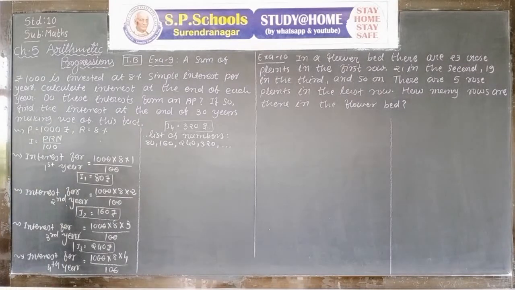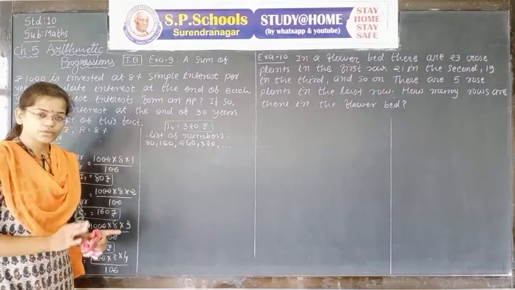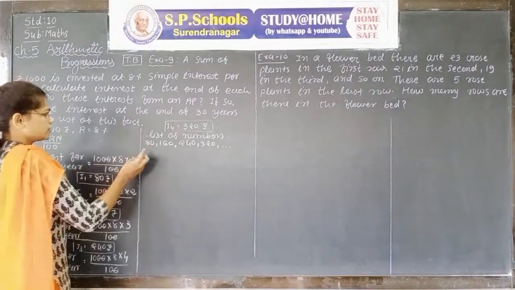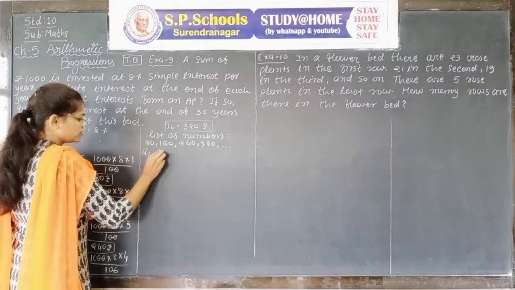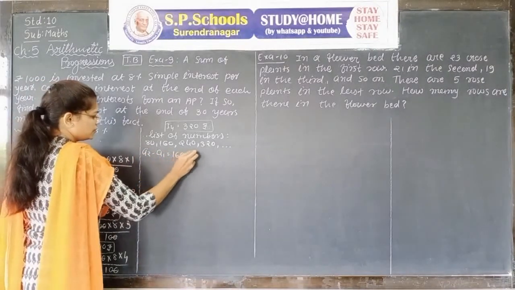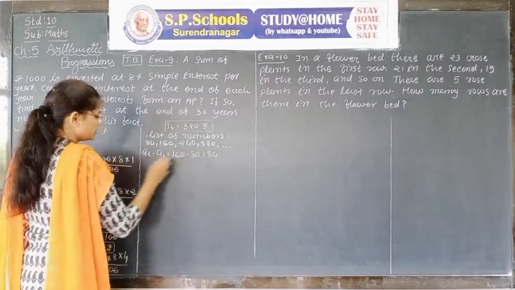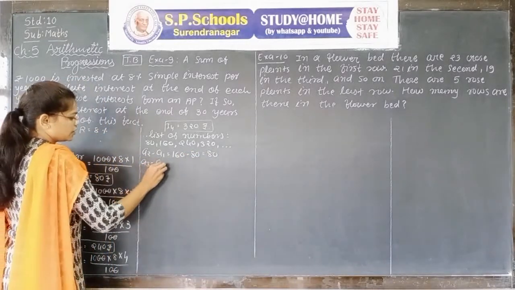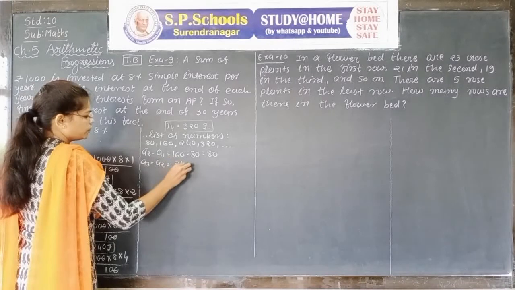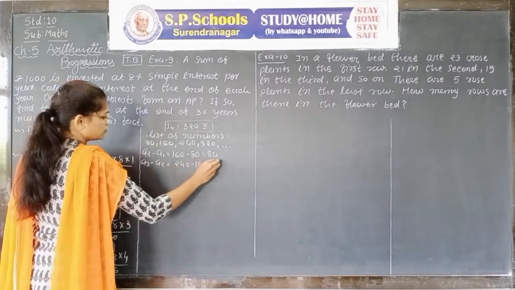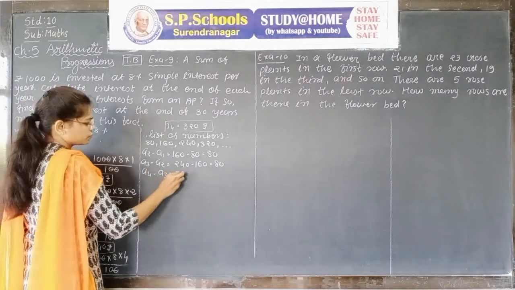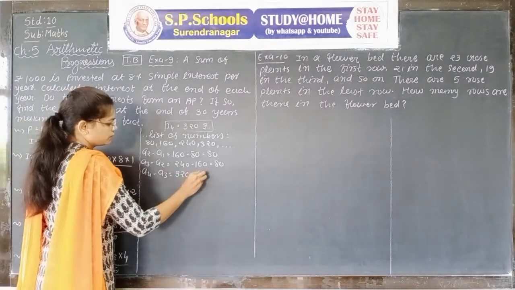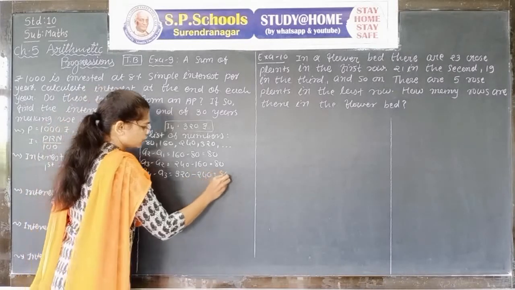Now we can check, do these interests form an AP? A2 minus A1, 160 minus 80 is equal to 80. A3 minus A2 is equal to 240 minus 160 is equal to 80. A4 minus A3 is equal to 320 minus 240 is equal to again 80.